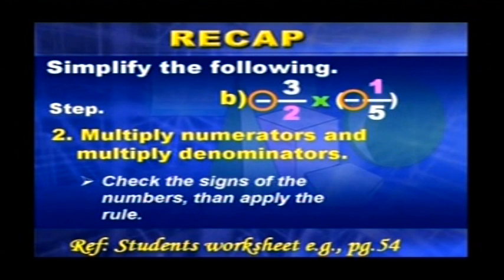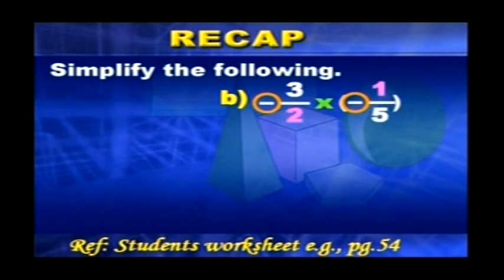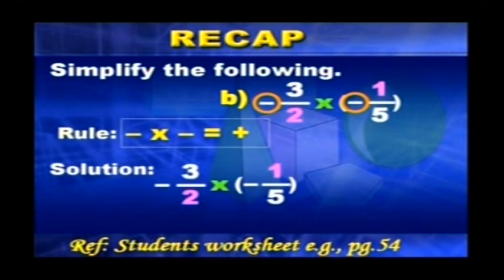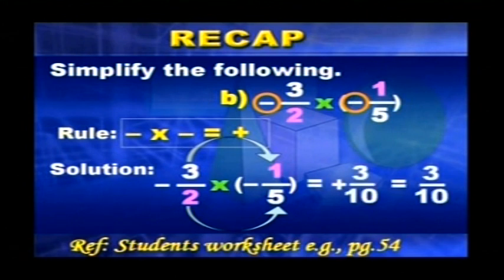After checking the signs, you definitely know the rule that you'll be using to work out the expression. So after that, what are you going to do? You are going to start applying the third rule by multiplying the numerators and the denominators. And finally, you get your answer as a positive.